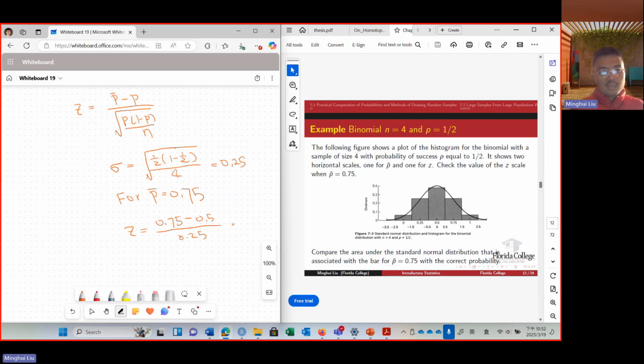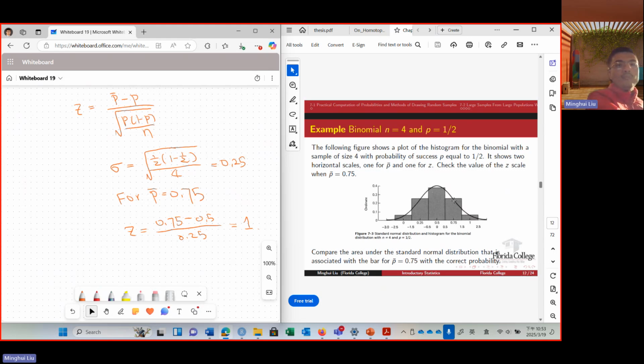It turns out that this value is precisely 1. So this is the z value that corresponds to the p bar value equals 0.75. Now we're going to do two things.